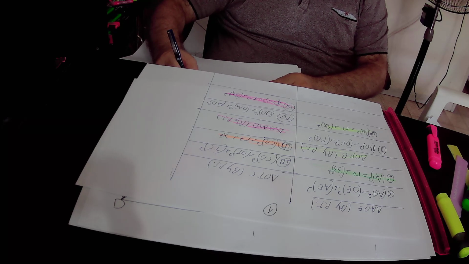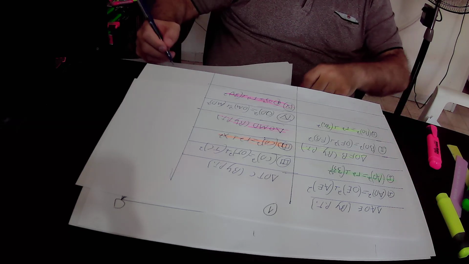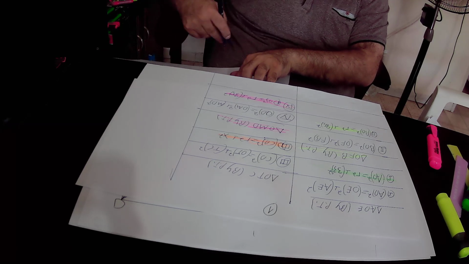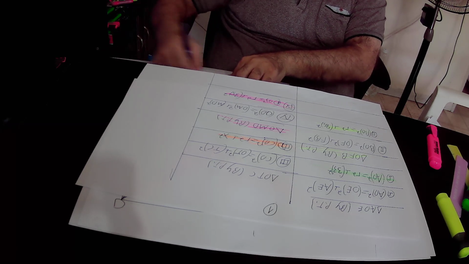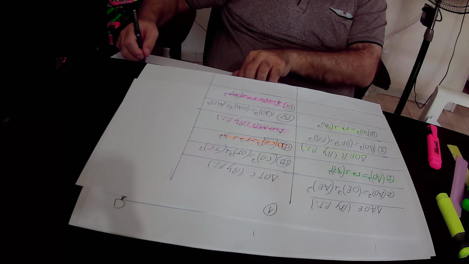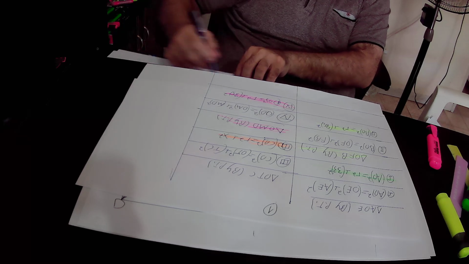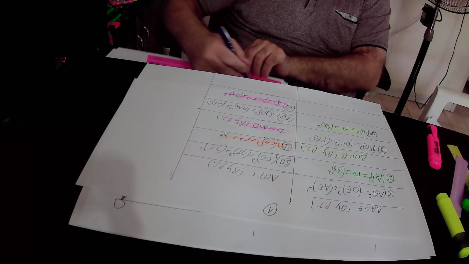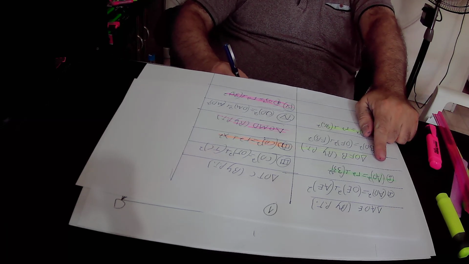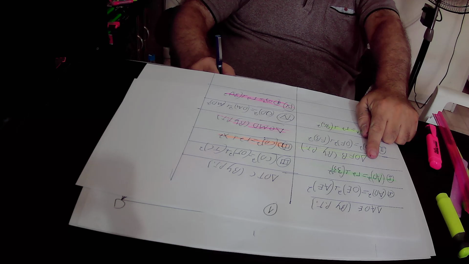So we have here equation number 1 that states that AO squared equals R squared plus 33 squared.